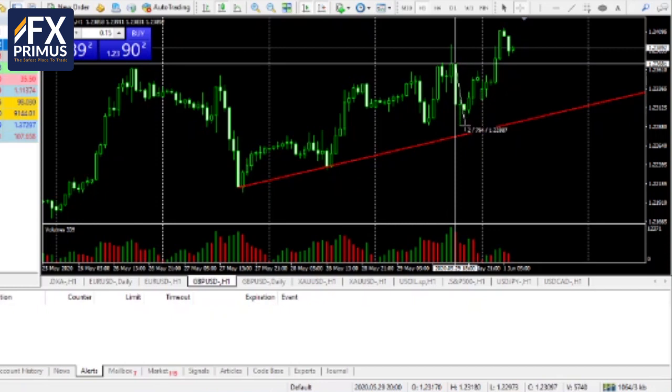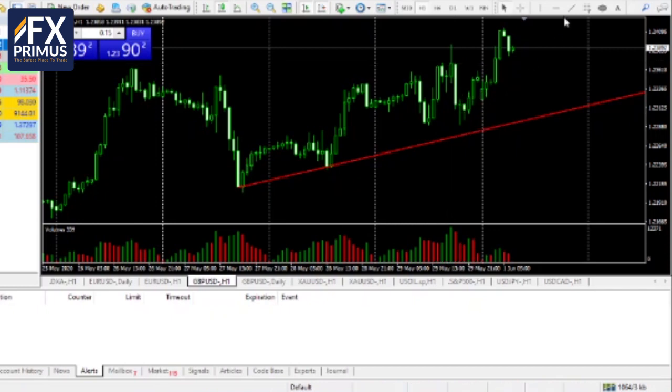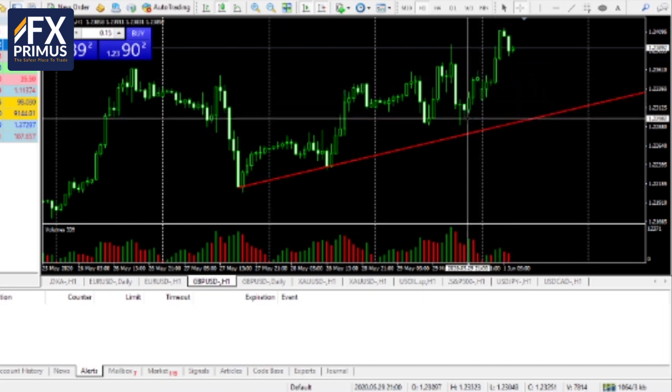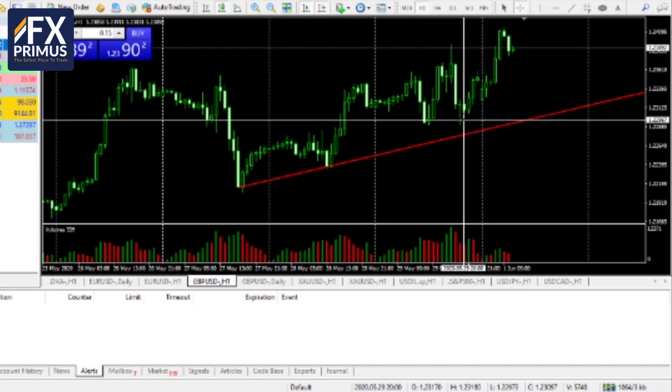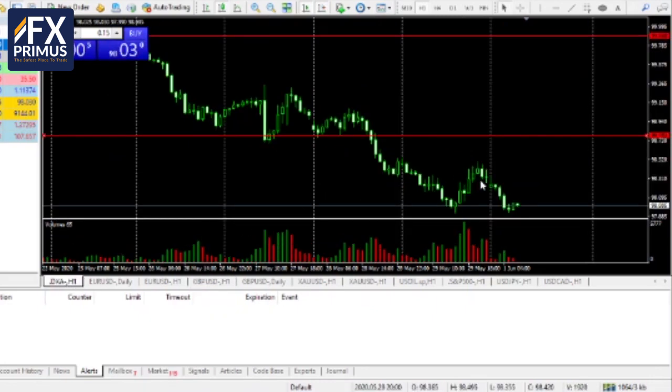Okay, so it goes down about 79 pips, and just before Donald Trump's press conference at 2 p.m., we can see that the UK pound mildly strengthened as the US dollar just weakened for about 2 hours.